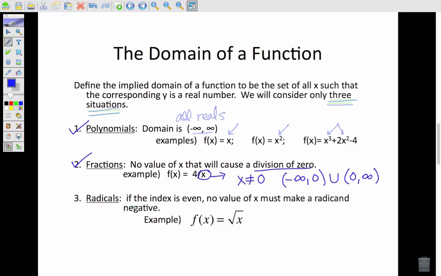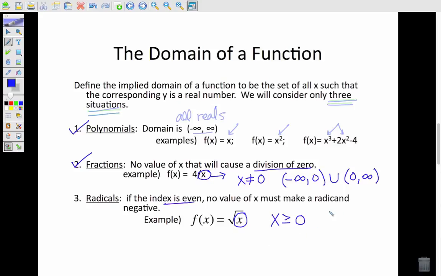All right, the third scenario is if you have radicals with an even index. If you have a radical with an even index, then there are some things you have to look for because you cannot take the square root of a negative. So you take your argument underneath the radical and set it greater than or equal to 0 so that it stays positive.